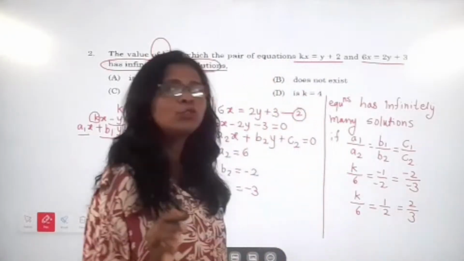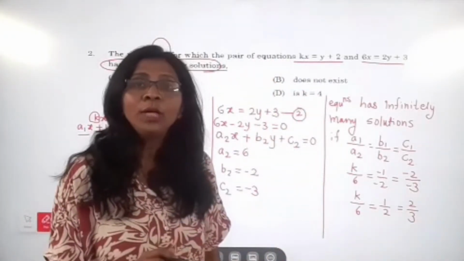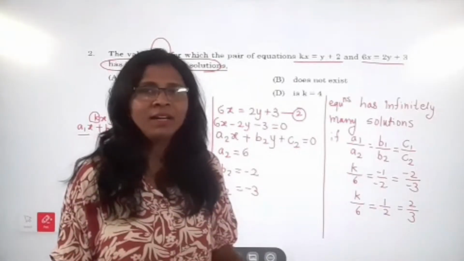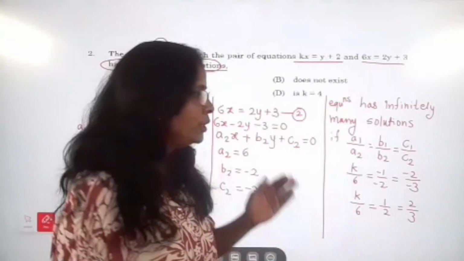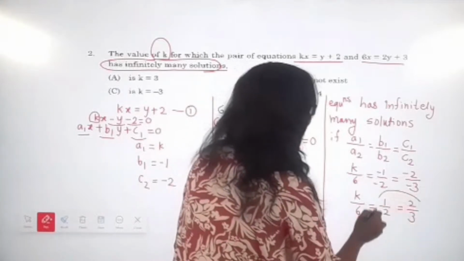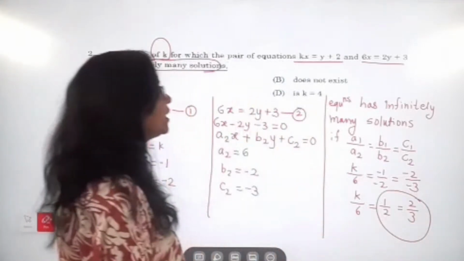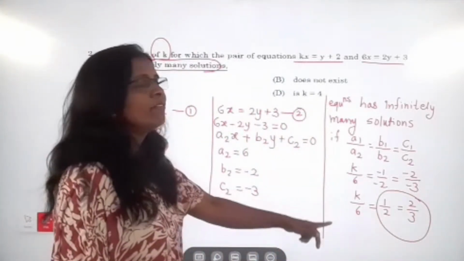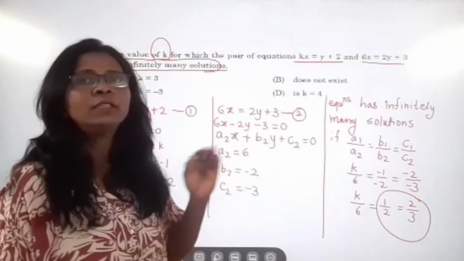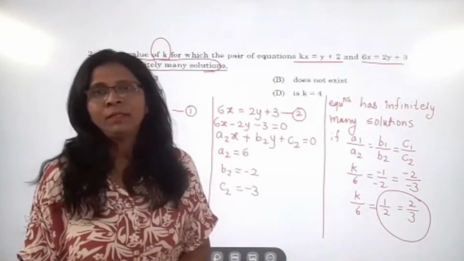So now here students see that 1 upon 2 is never equal to 2 upon 3. So that means students, that this equation does not have a value of k.